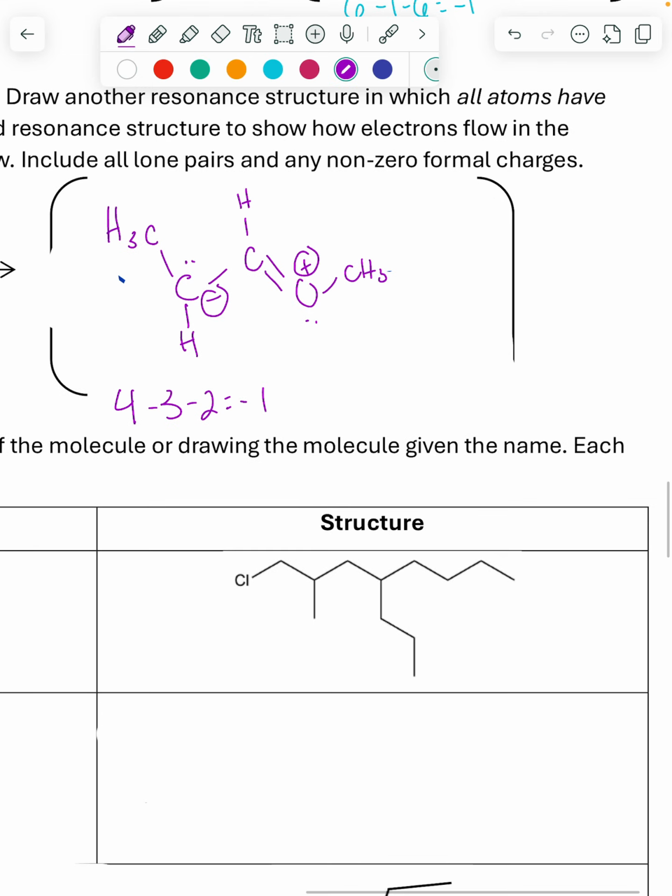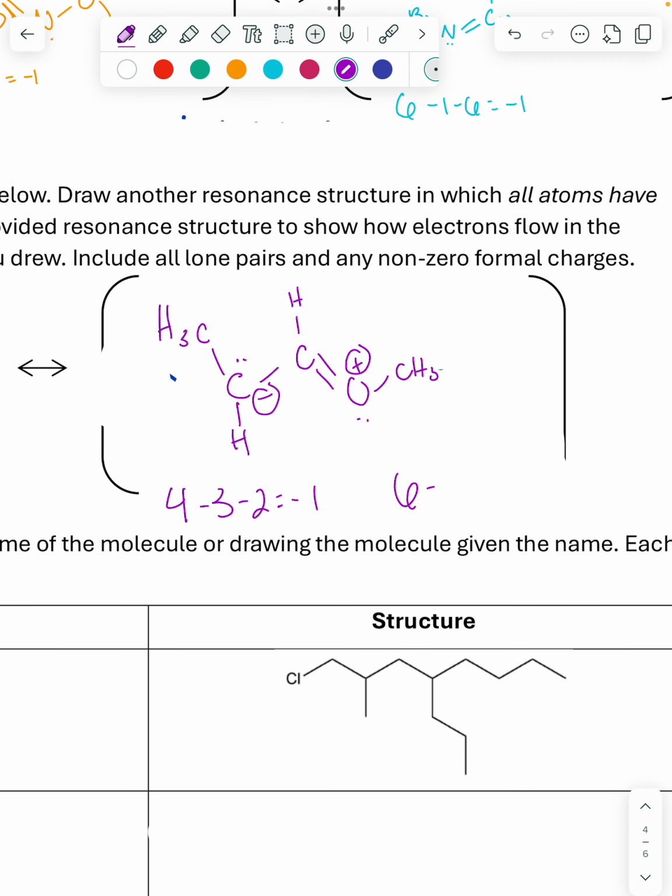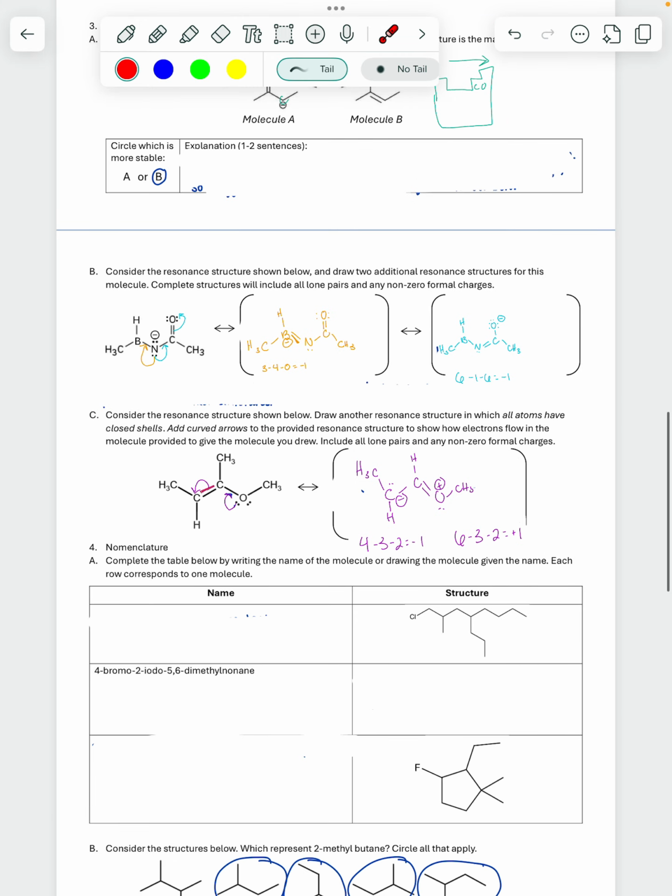And then oxygen is in the 6th row, and it has 3 bonds and 2 non-bonding electrons. So if we did that, this is actually +1, and that's why oxygen has a positive charge. And also, a negative and a positive cancel out, so then this whole molecule is neutral. Same as this, that whole molecule is also neutral.